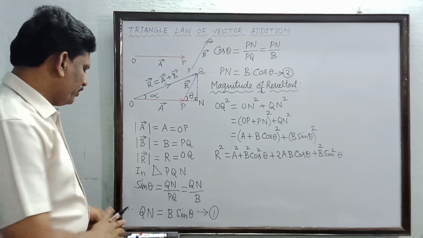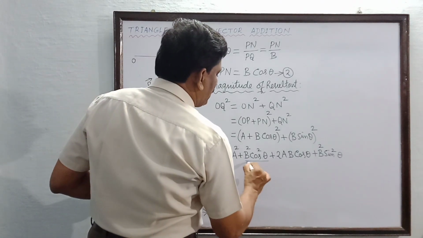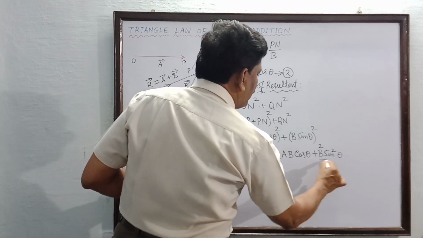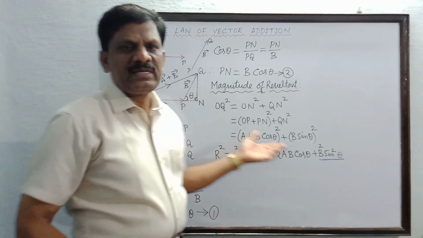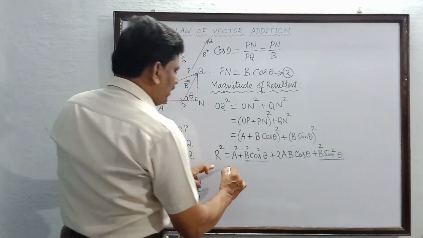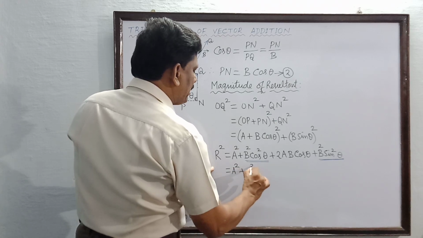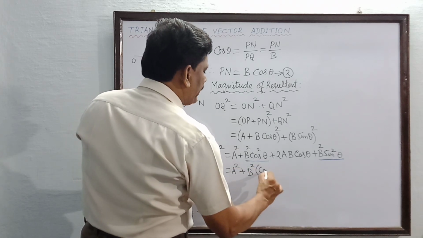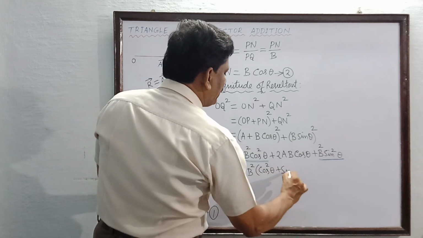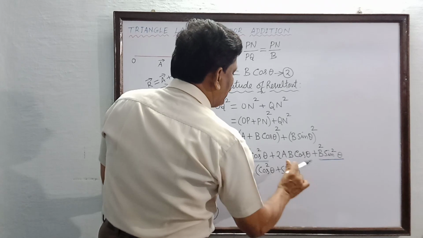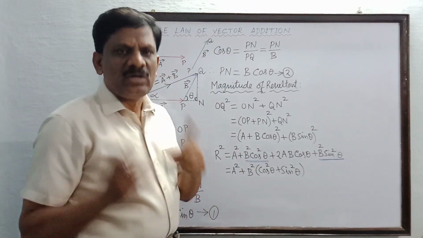Okay. Now you see here B square cos square theta term and here B square sin square theta is there. So which is the common factor? B square is the common factor. So this will be equal to A square plus B square is a common term into cos square theta plus sin square theta. So in trigonometry we have studied cos square theta plus sin square theta is equal to 1.